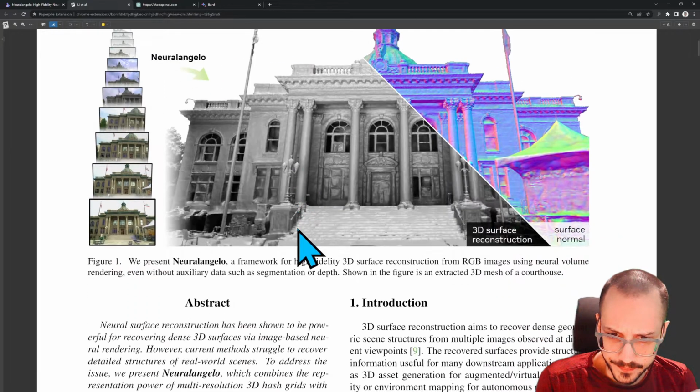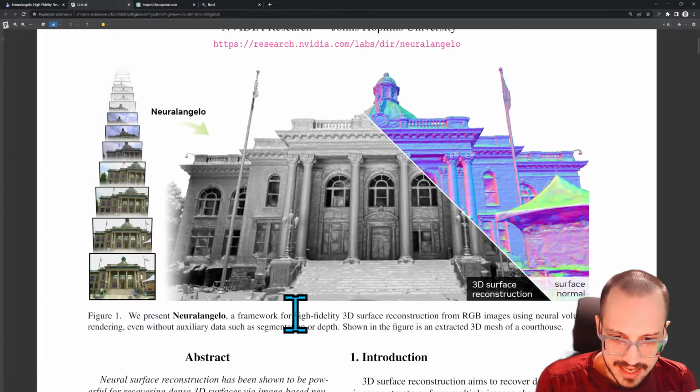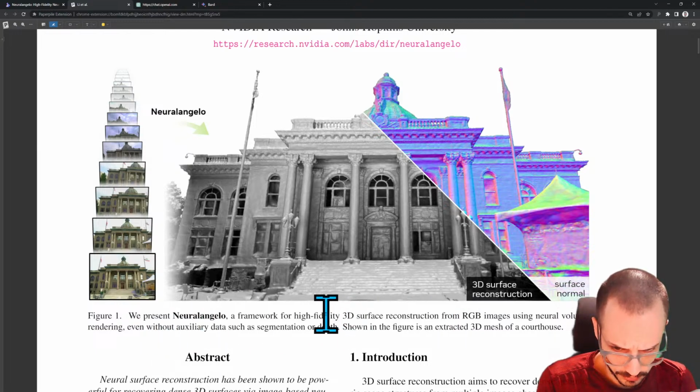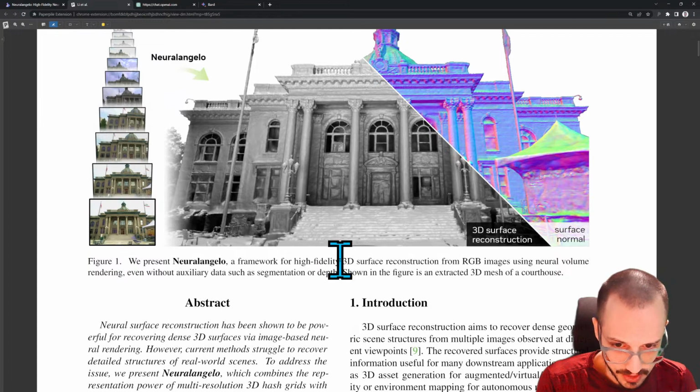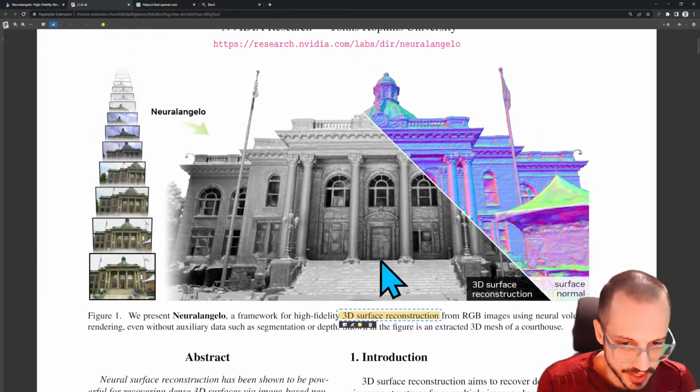So we present Neuralangelo, a framework for high-fidelity 3D surface reconstruction from RGB images using a neural volume rendering approach. Obviously, 3D surface reconstruction means a mesh, which is a bunch of triangles with vertices and then edges connecting those vertices.